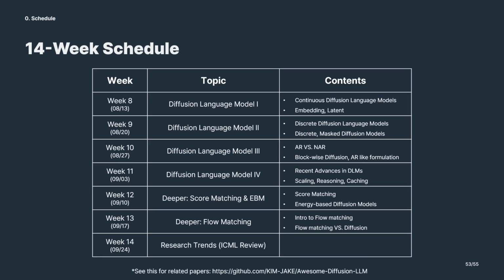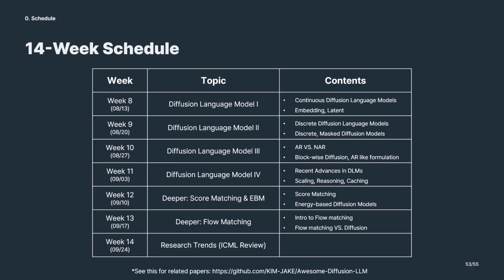In the second half of this course, we shift our focus to diffusion language models. We'll start by introducing continuous and latent diffusion models, and then move on to discrete and masked formulations in week 9. In week 10, we'll compare autoregressive and non-autoregressive approaches, along with blockwise diffusion techniques.